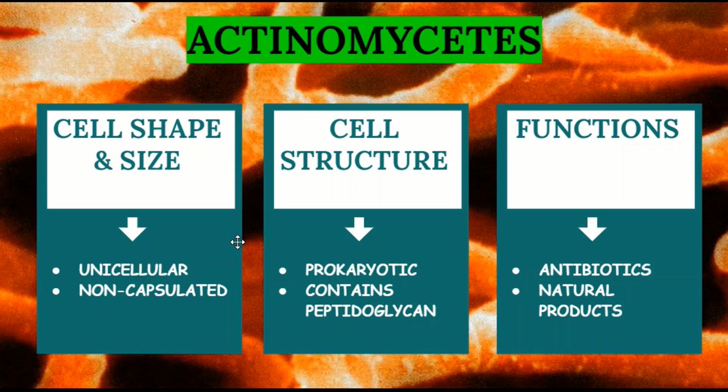They are anaerobic in nature, which means they don't require oxygen. Being unicellular, they work like bacteria. Since they are part of gram-positive bacteria, their shape and size are almost like bacteria, but the difference is that they are non-capsulated, okay?